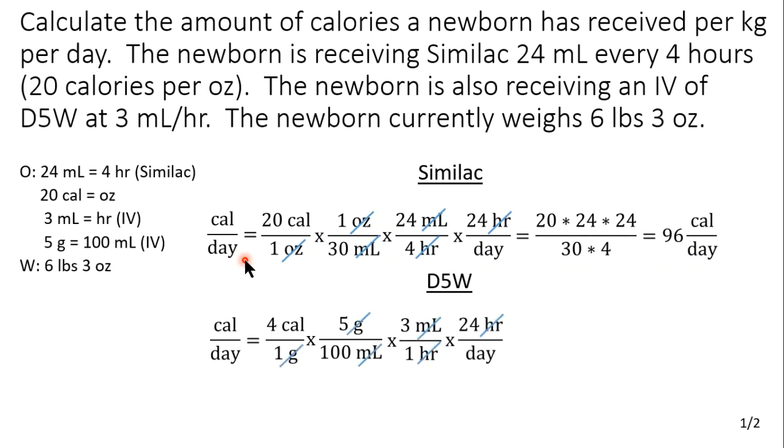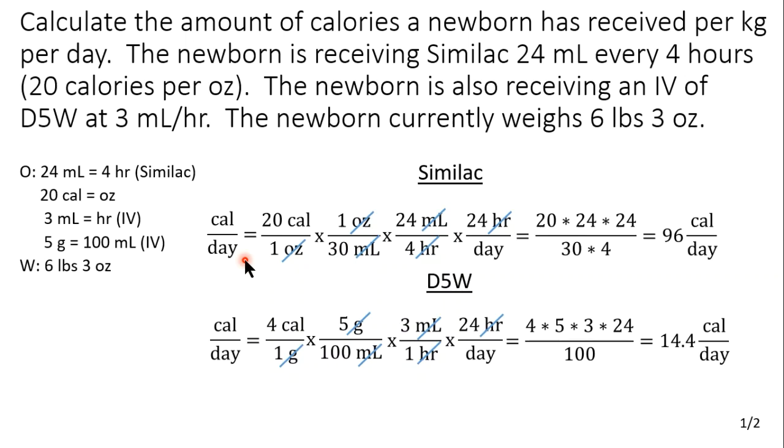Our units cancel, and so we just multiply and divide the numbers. So 4 times 5 times 3 times 24, and divided all of that over 100 gives us 14.4 calories per day. Then we look at the question.